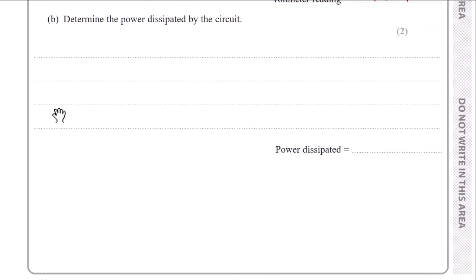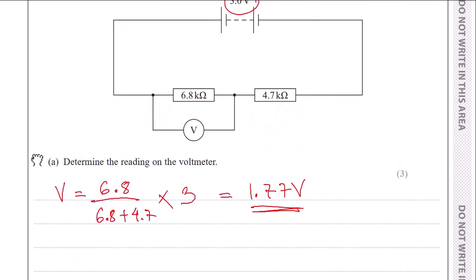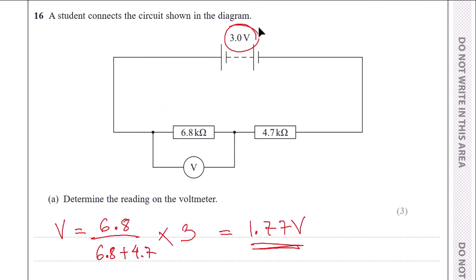Next question says, determine the power dissipated by the whole circuit. If you have to find the power dissipated by the whole circuit, you need the resistance of the whole circuit, right? So I have PD, I have the total resistance.